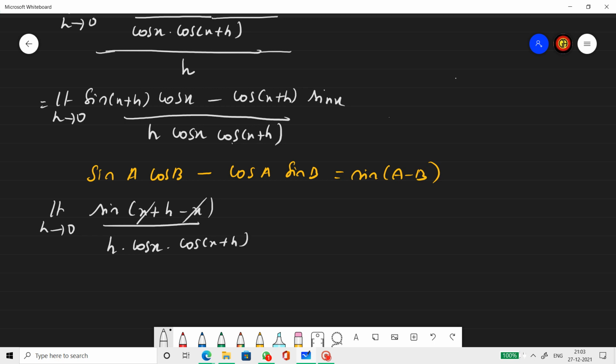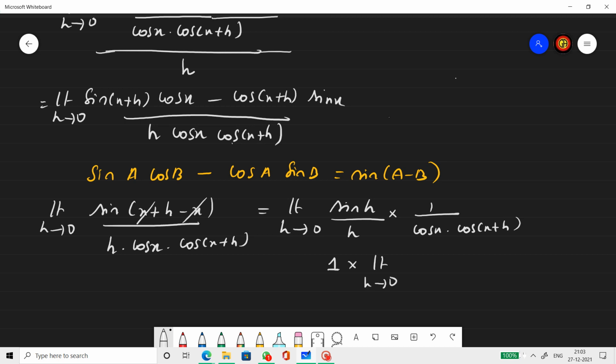X get cancelled. So we get limit h tending to 0 sin h by h into 1 by cos x into cos of x plus h. So basically I'm separating the h. The reason is because it is in the standard form of limit x tending to 0 sin x by x, which is 1. So 1 into limit h tending to 0 1 by cos x into cos of x plus h.